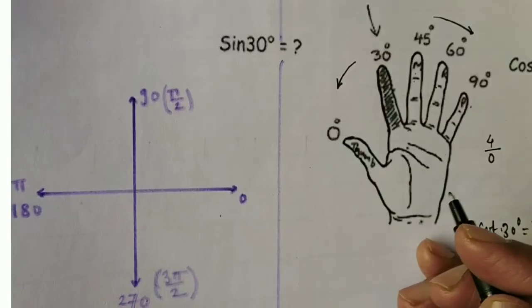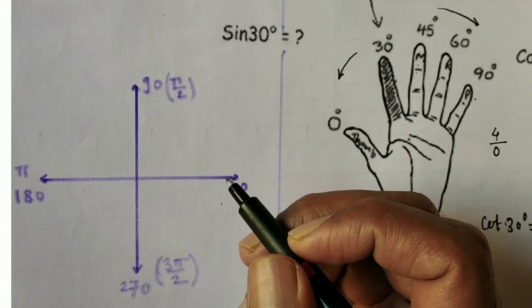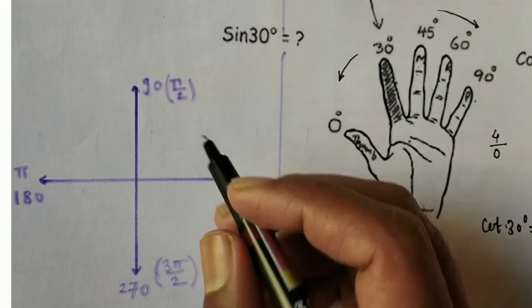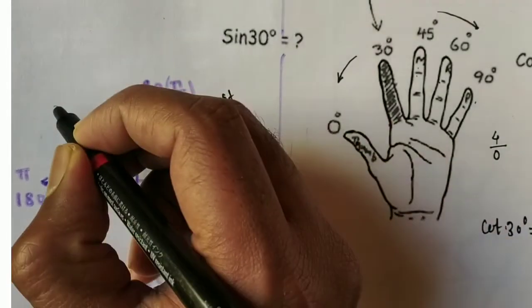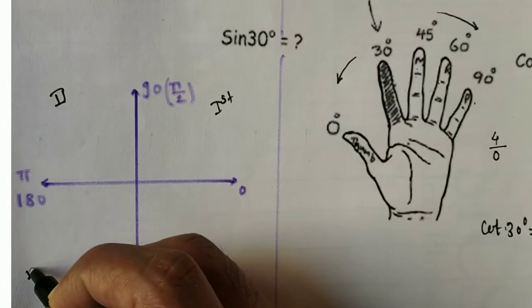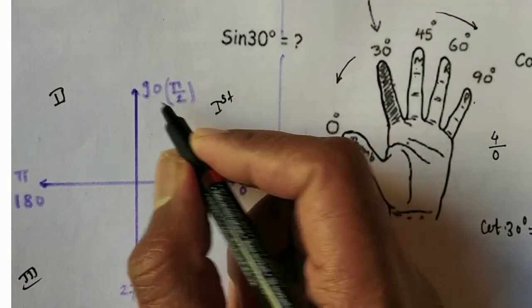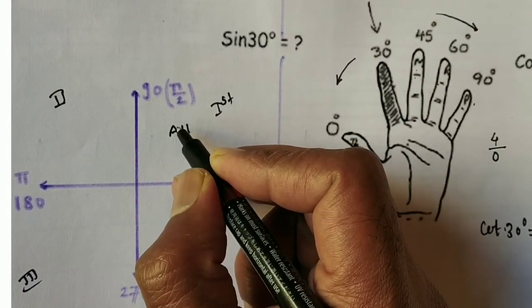Okay, so see how to determine whether the angle has a plus sign or a minus sign. This is your diagram. This is your first quadrant, this is the second quadrant, this is the third quadrant, and this is the fourth quadrant. Remember, in the first quadrant all trigonometric values are positive.